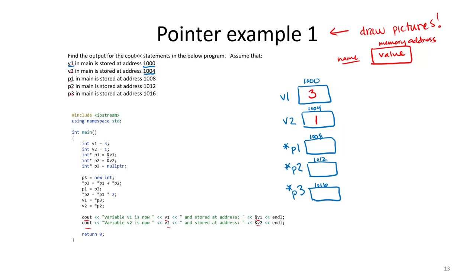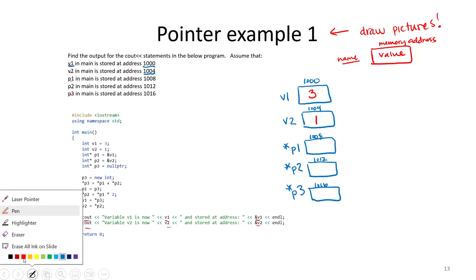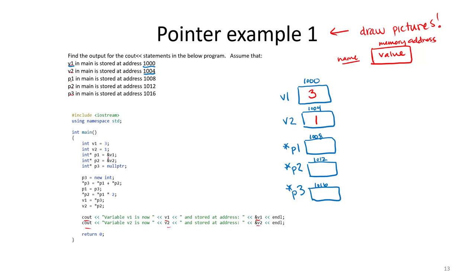We are told that p1 is initialized to point at v1. So p1 is holding the memory address of v1. So that means the value stored inside p1 is the memory address where v1 lives. So in this case, since p1 holds the memory address of v1, we say p1 points at v1.